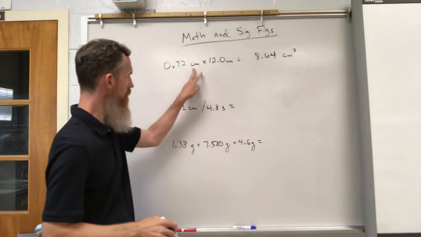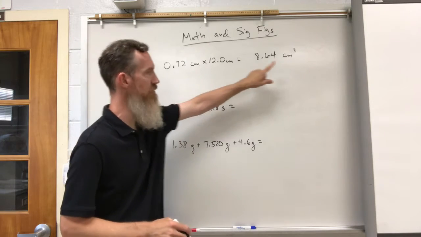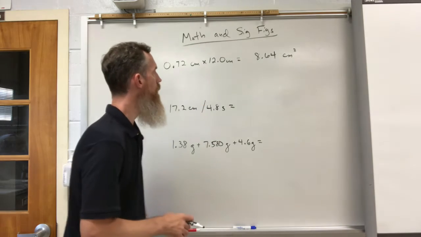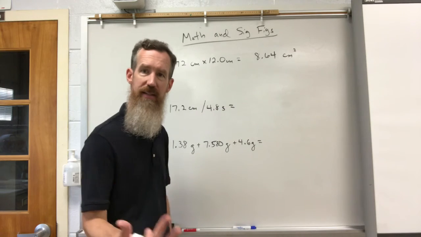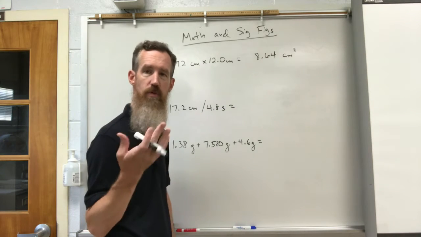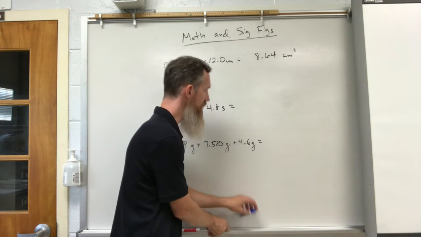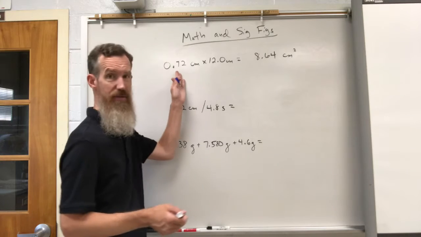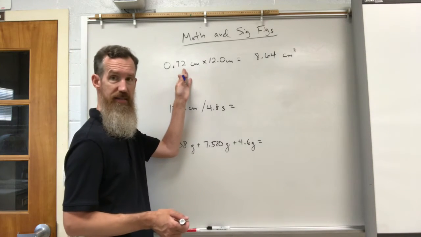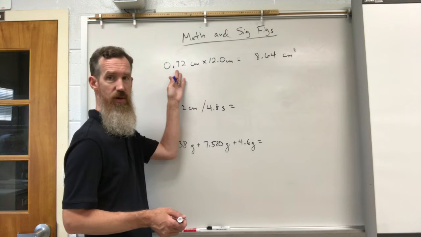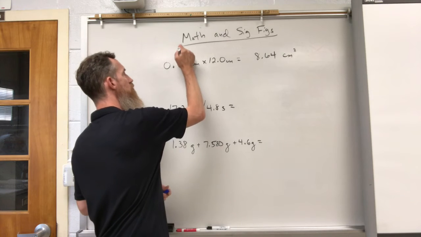Now, we still got to think about those units. Those units still must be used. Centimeters times centimeters is centimeters squared. But this is not reflective of the rules of significant figures. You have to realize that this particular measurement, for whatever reason, was measured with a ruler that could go to the hundredths place, apparently, so we had one place that was solid and one place that we had to guess, but this was two significant figures.